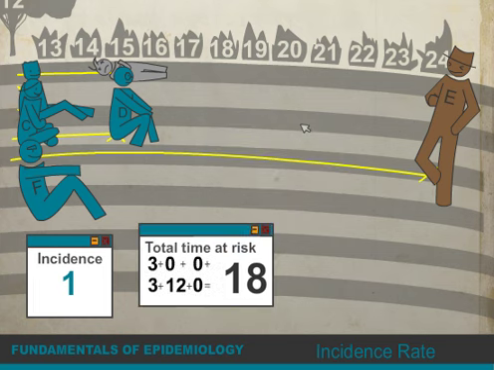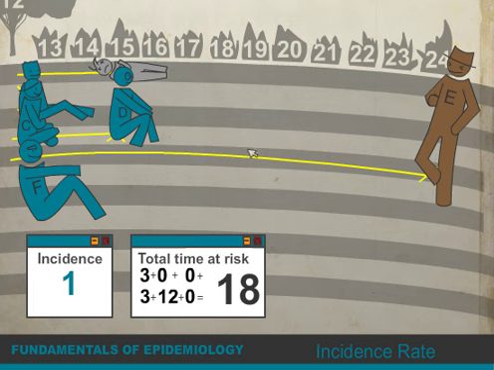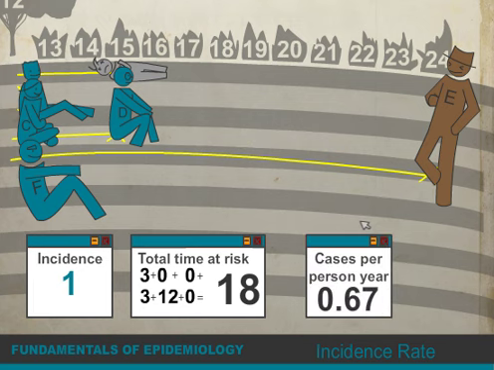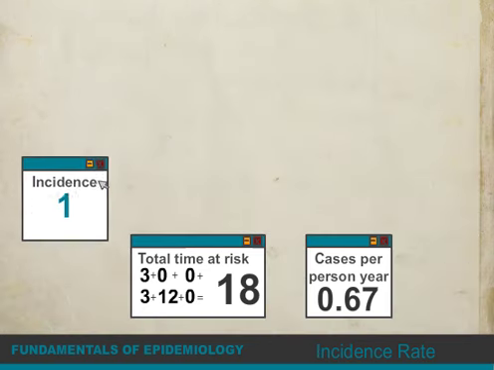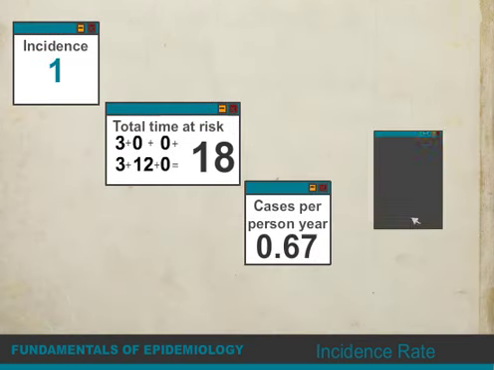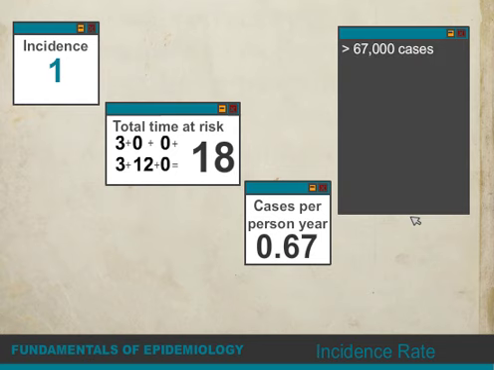This gives us 1 case for 18 person months at risk, or about 0.67 cases per person year at risk. This can be expressed as about 67,000 cases per 100,000 PYAR.